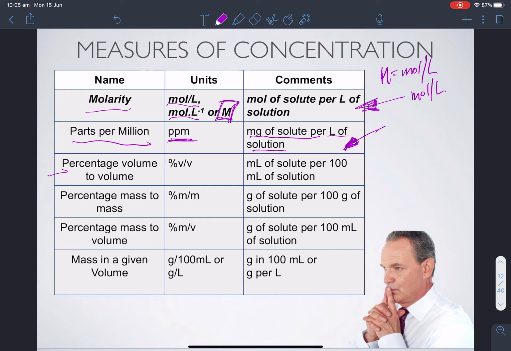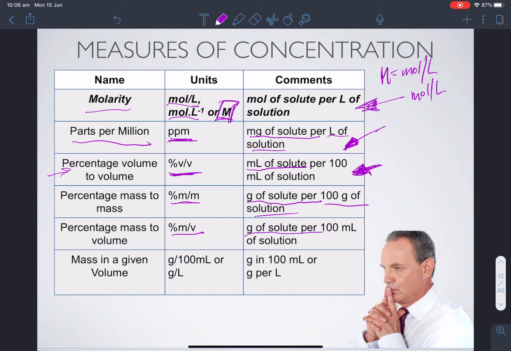There's also percentage volume to volume, and that's the symbol there, percentage V/V, and that's equivalent to milliliters of the solute per 100 milliliters of solution. That is quite common, not with chemists, but I'll show you a few other ways in the next line. You've also got percentage mass to mass, so it's now changing the top of that to grams, and then the bottom per 100 grams of solution. And you've also got percentage mass to volume.